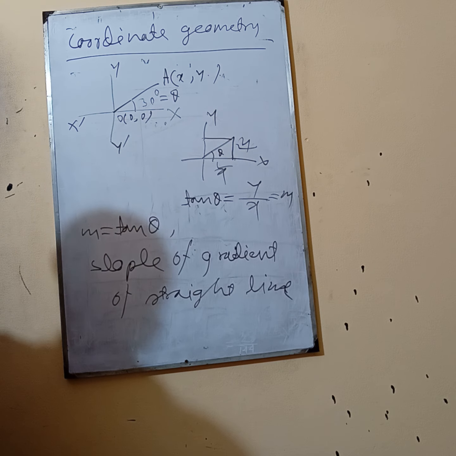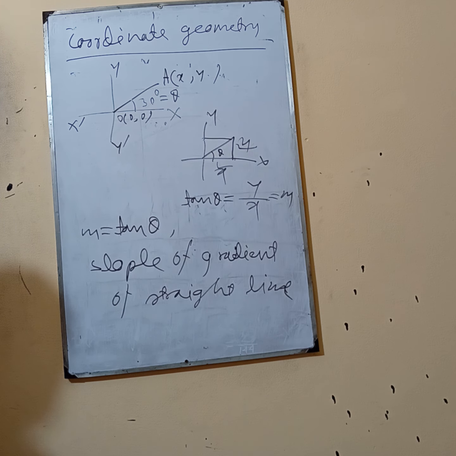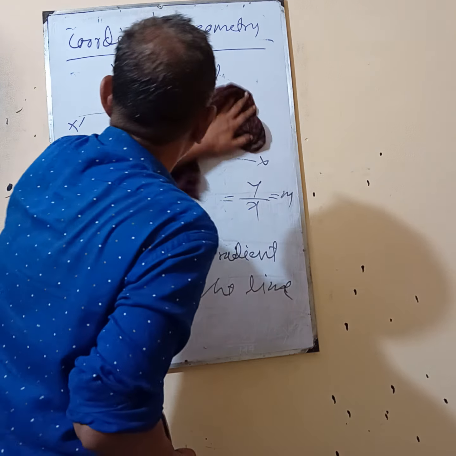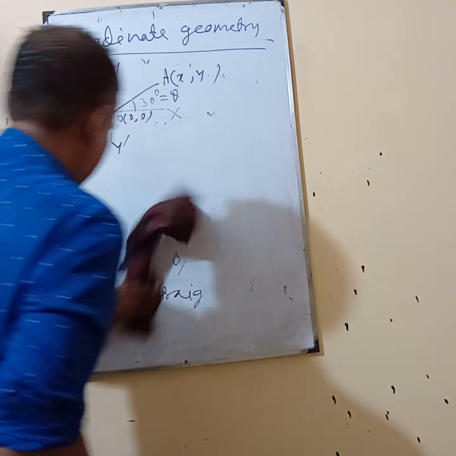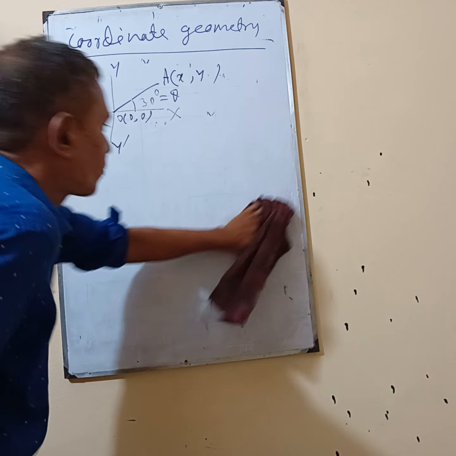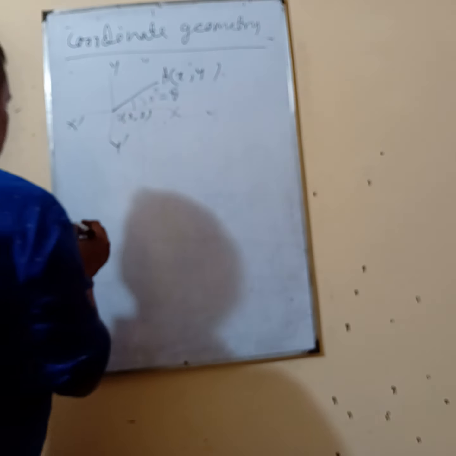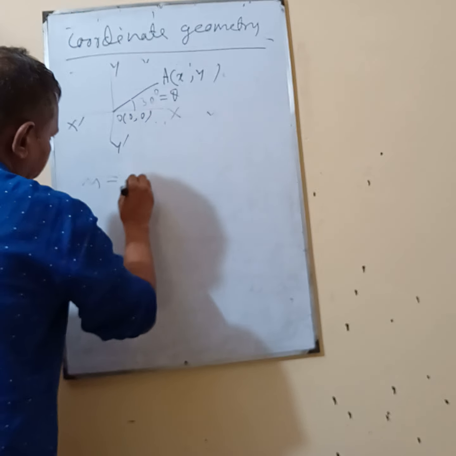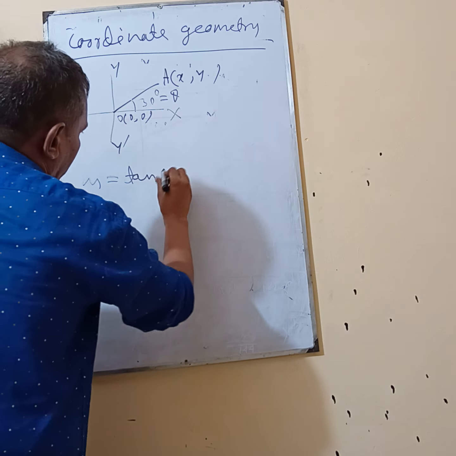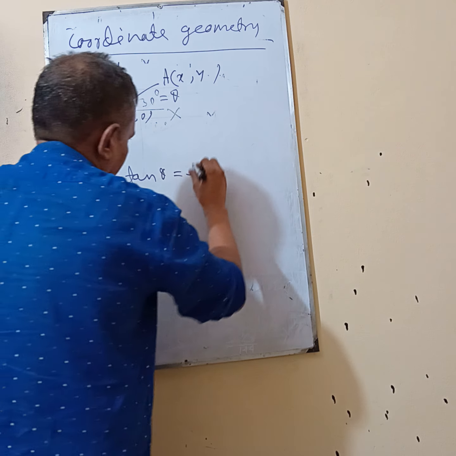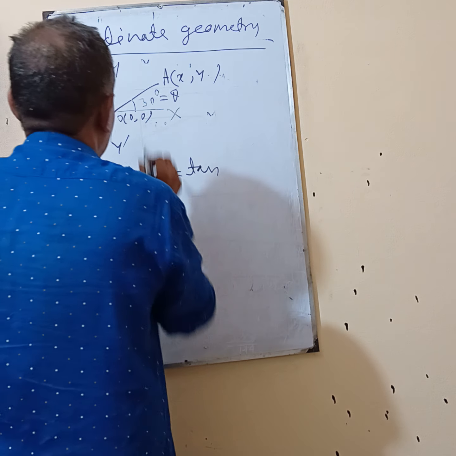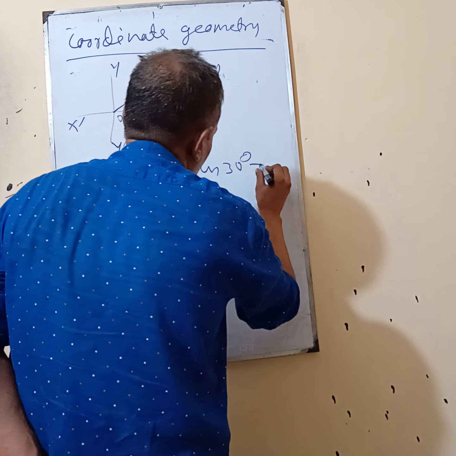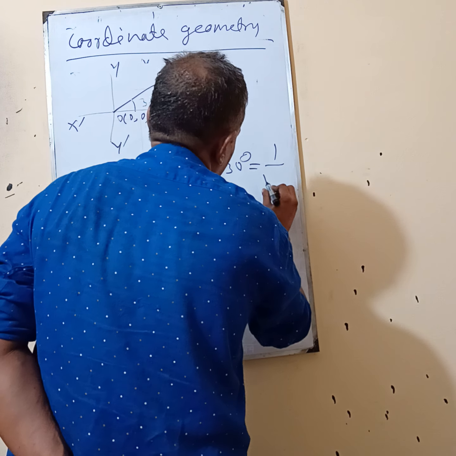Now I have to erase this. Suppose m is equal to tan theta, equal to tan 30, equal to 1 by root 3.